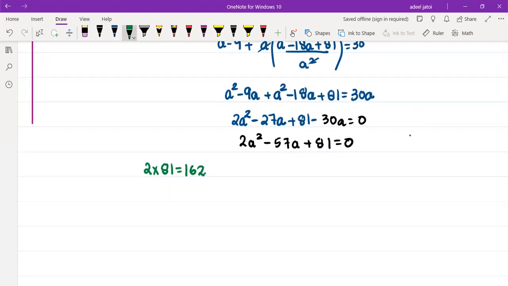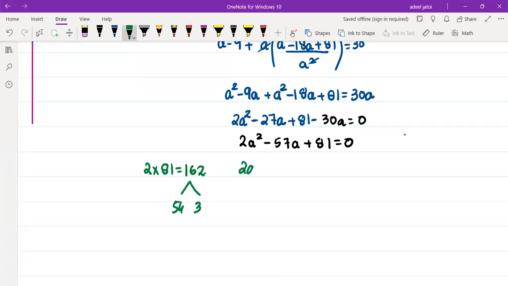So, to have the factors of 162, the factors for 162 are 54 and 3.